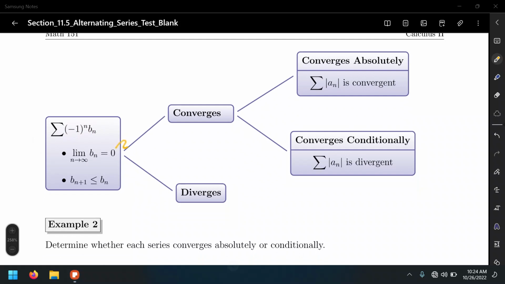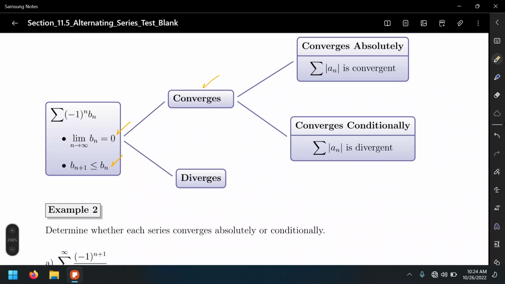Number one, that the sequence related to the series converges to 0, and that the sequence is decreasing. If both conditions are satisfied, then we say that it converges. But if one of these two conditions fails, then it diverges, and we're done with the problem here.